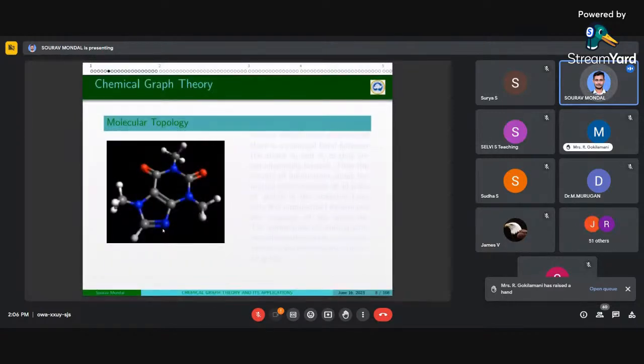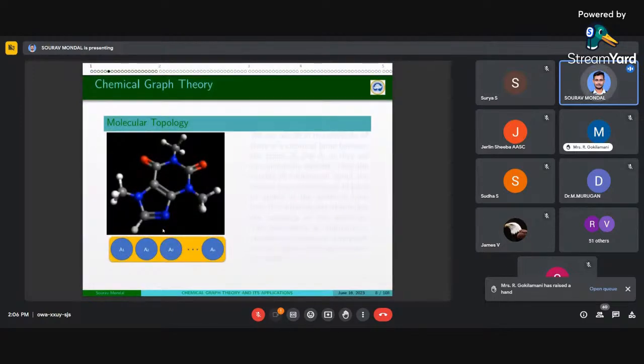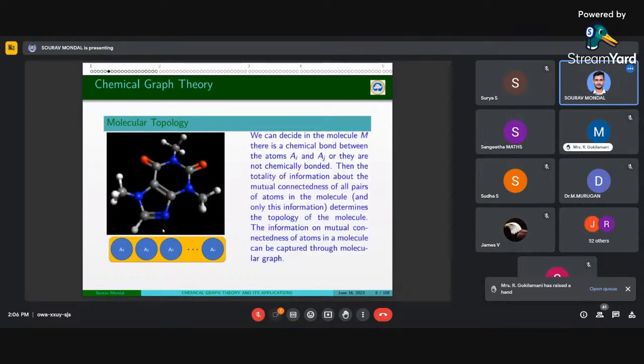Now we explain molecular topology. Consider a molecule M containing n atoms, A1, A2, A3 up to An. Let Ai and Aj be 2 arbitrary atoms. They may be chemically bonded or not.